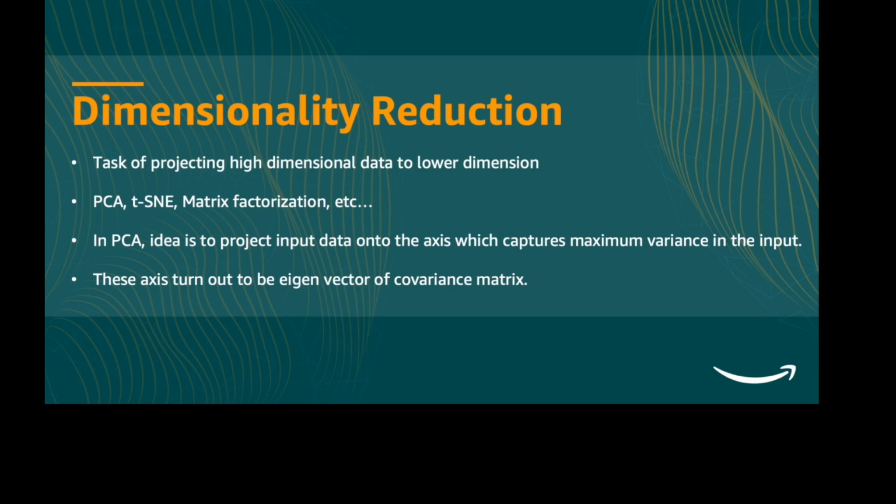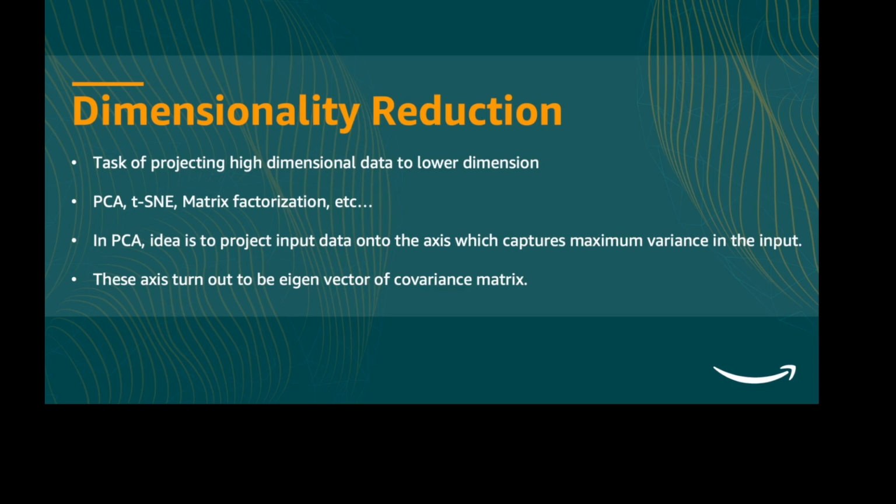Also, with lower dimensional data, you will end up building smaller models, and it is also useful in compression. Some of the popular techniques for dimensionality reduction are PCA, t-SNE, matrix factorization, etc.